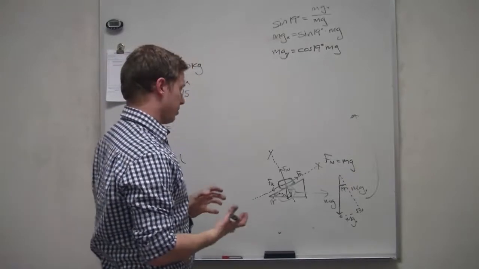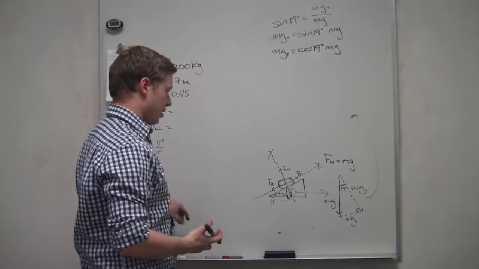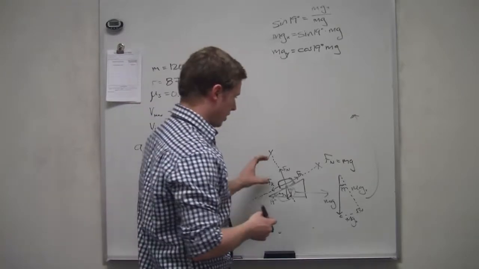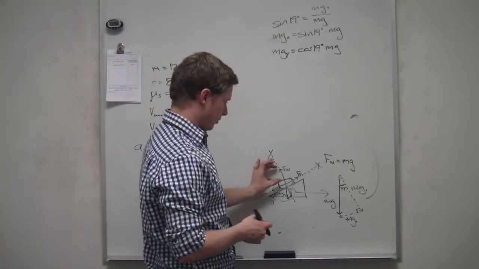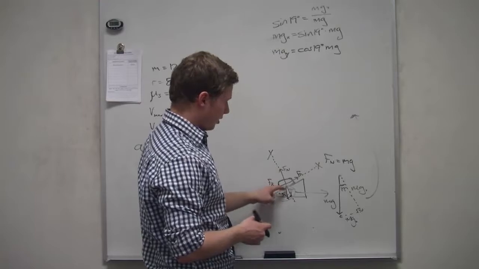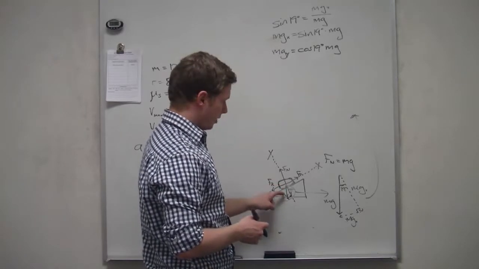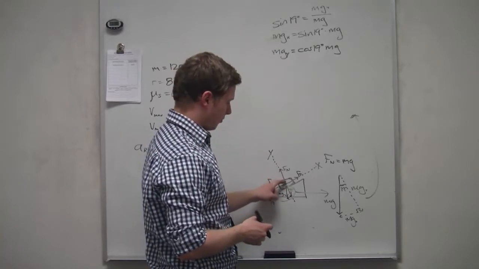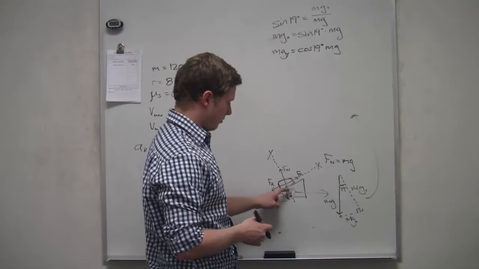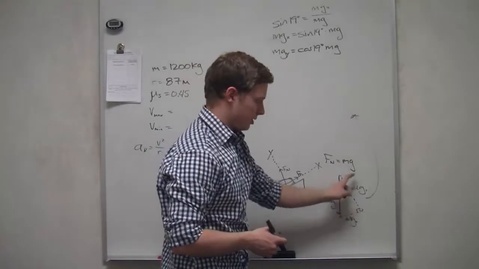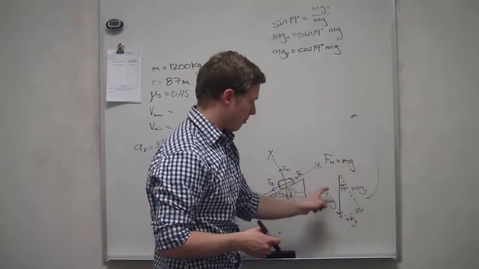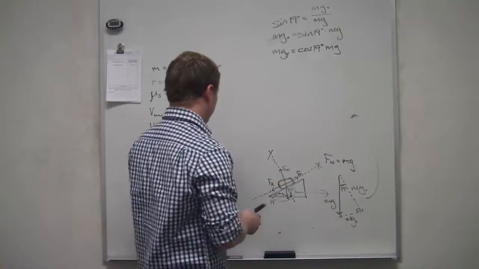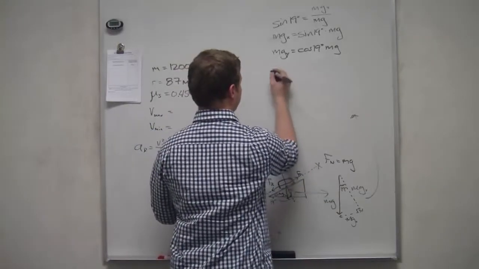How that changes the problem is basically now we do the exact same stuff, except our normal force is not equal to mg anymore, but it's now equal to the force that's opposite to it, so it's going to be equal to mgy.